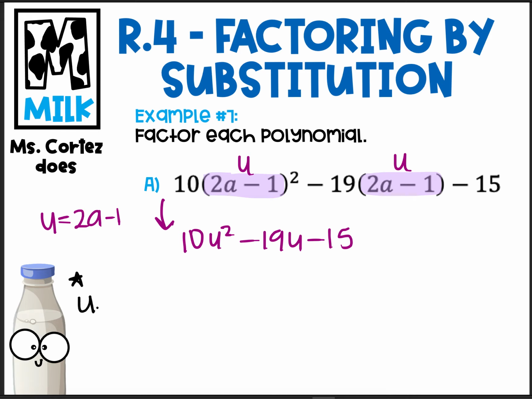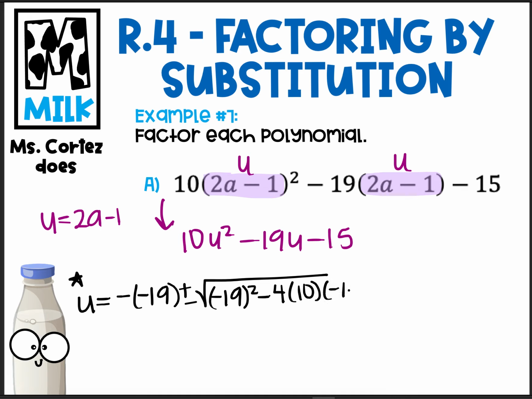So in this case, I'll have u equals negative 19 plus or minus the square root of negative 19 squared minus 4 times 10 times negative 15, divided by 2 times 10.